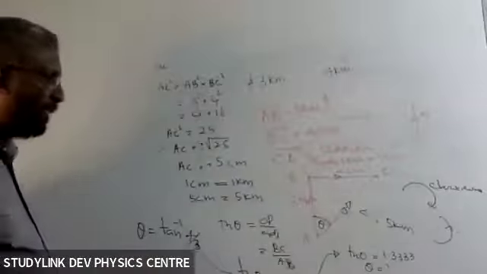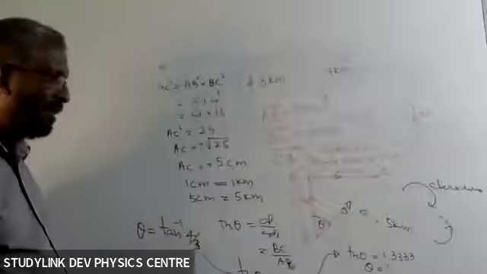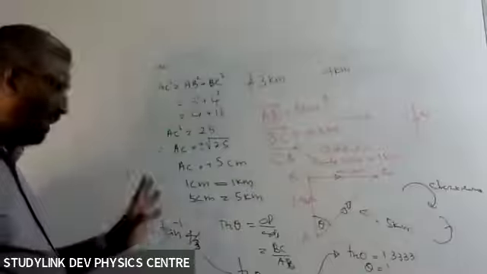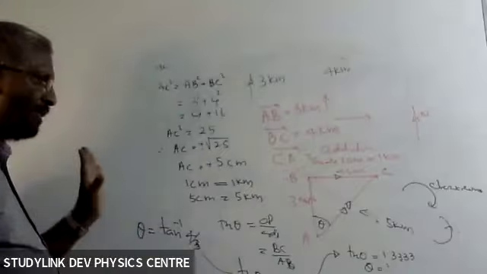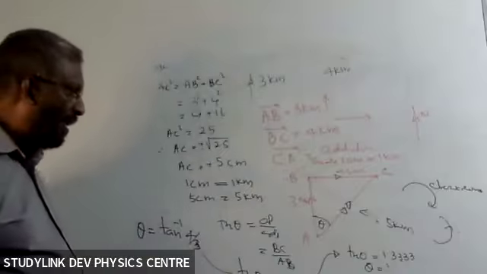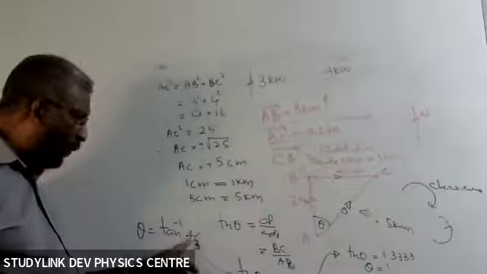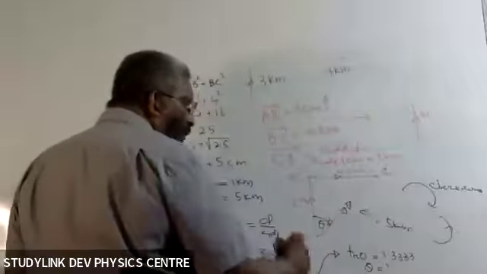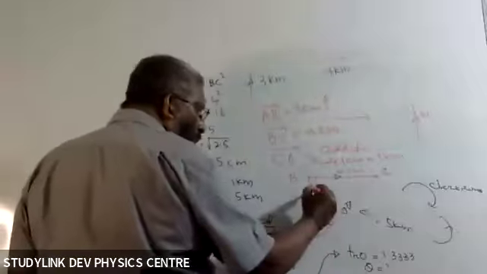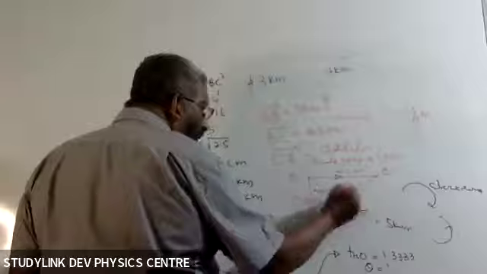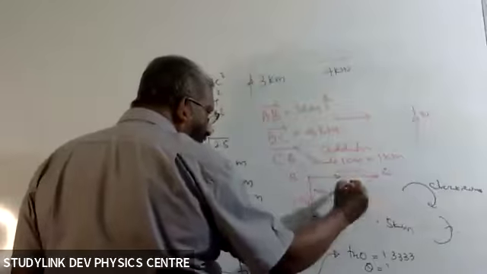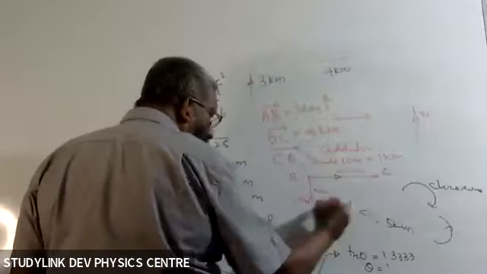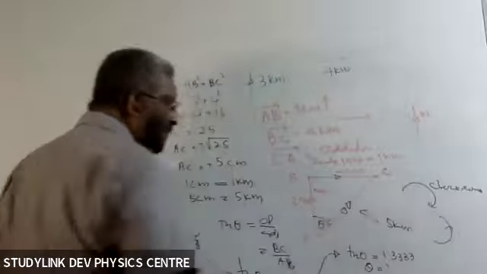Then the answer is, the displacement of the car is 5 kilometers, right? Towards the direction of tan inverse 4 by 3, from north to east.